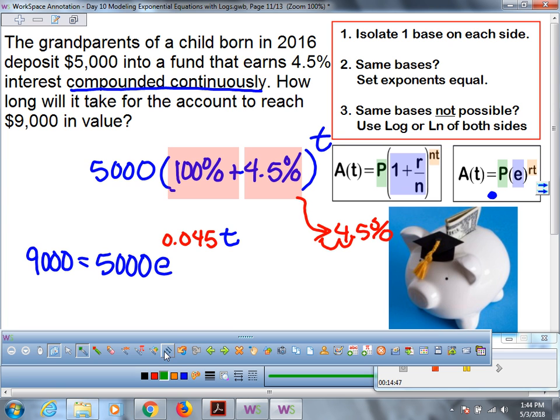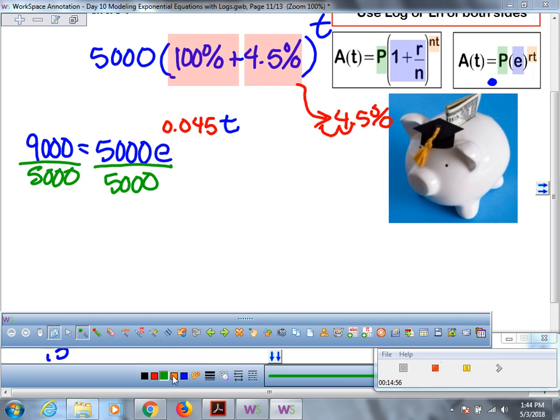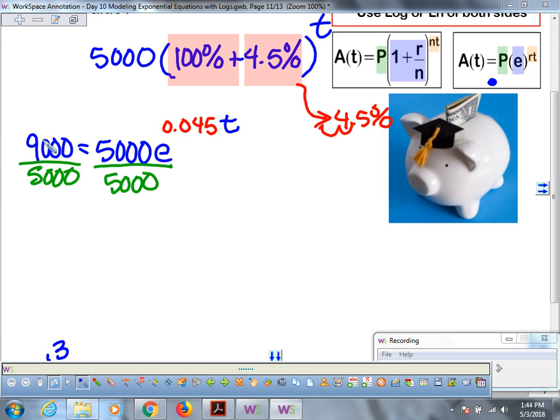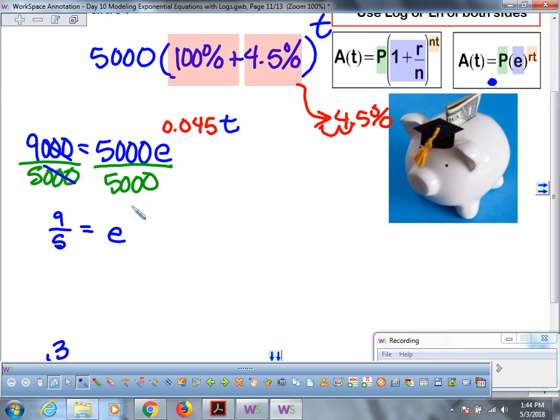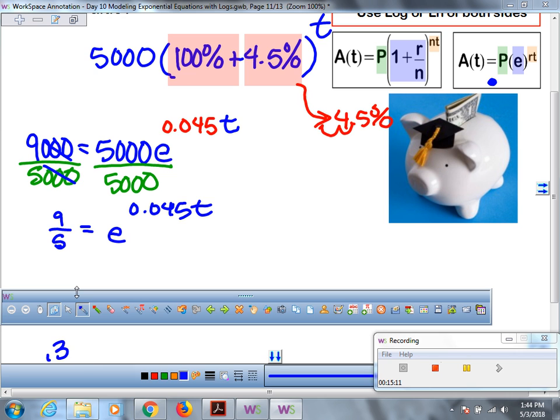So I'm going to divide both sides by 5,000. No need to simplify here except for, I'm just going to get rid of the zeros. So I have 9/5 is equal to E to the 0.045 t. Now what do I need? ln both sides.